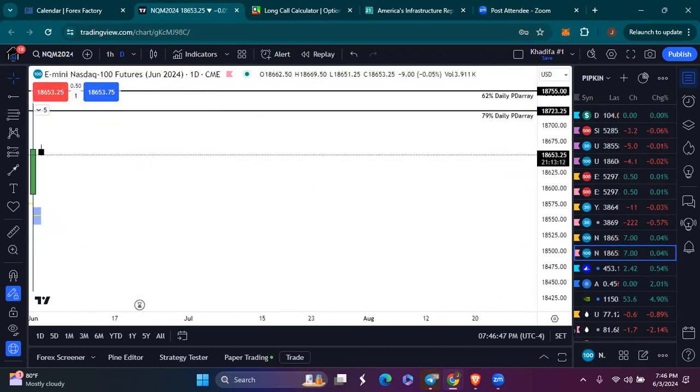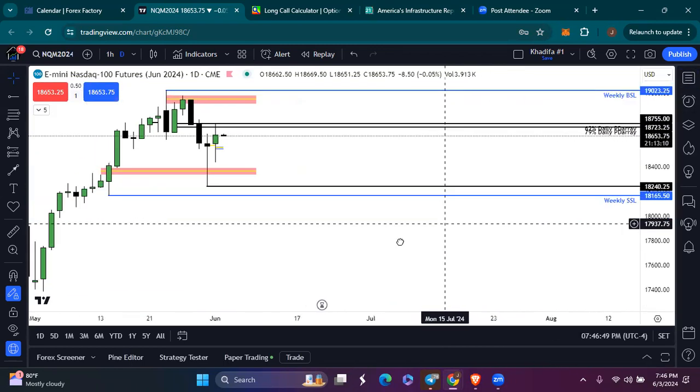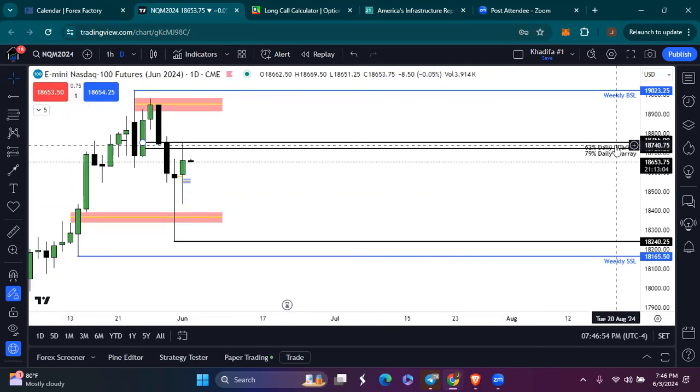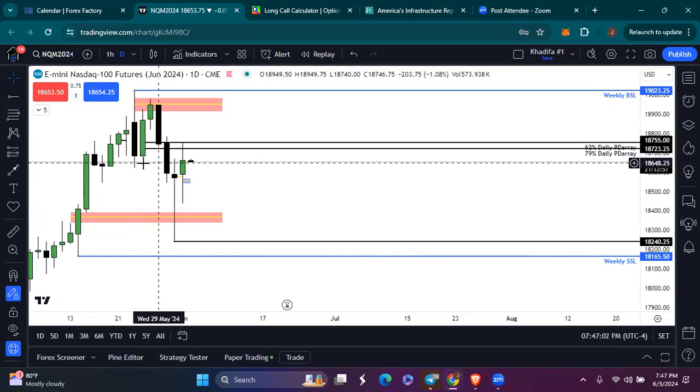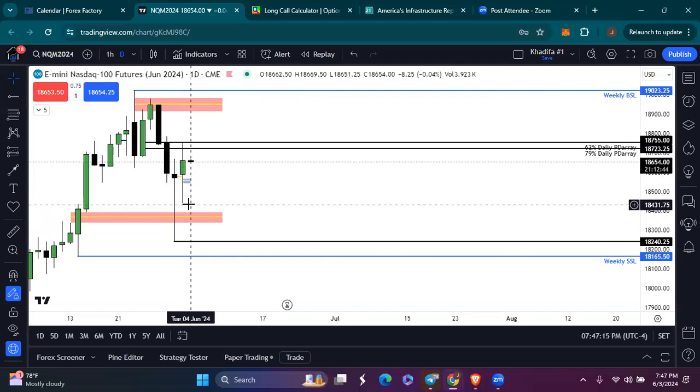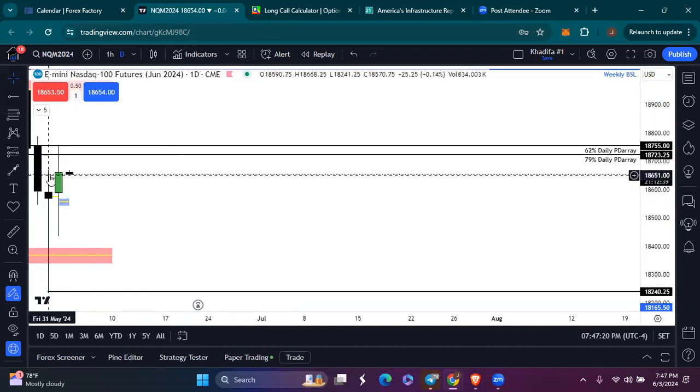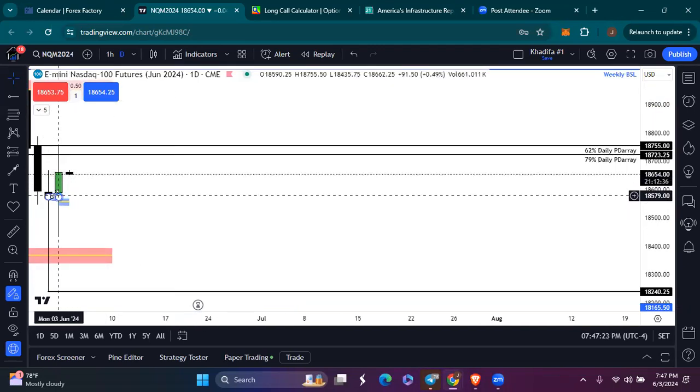Same thing. Let me make the screen a little bigger for you. We ran up and retested Thursday's discount PD arrays that we pushed through last Thursday, right? We came back up into them today to retest them perfectly to the tick. Sold off, came back down, and now I want to see if we can hold this bullish candle.